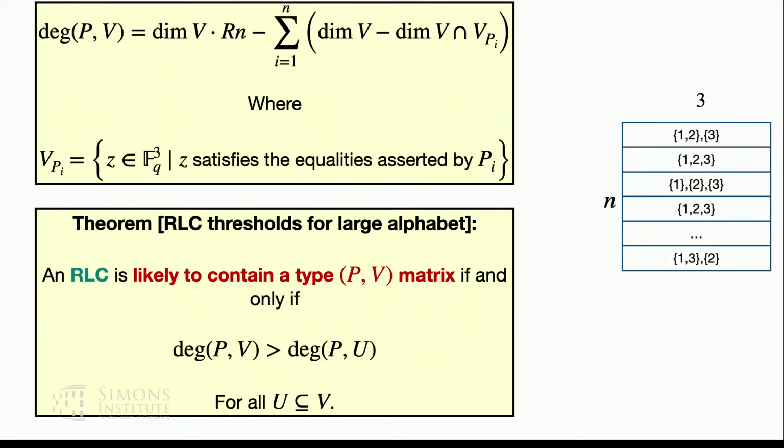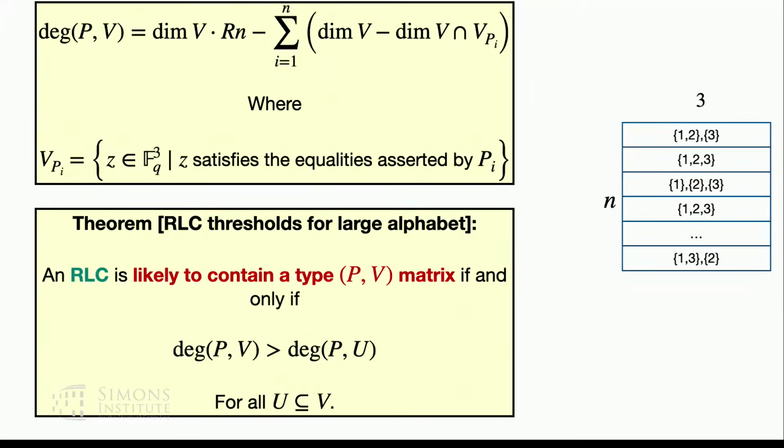Throughout this entire talk, I use inequality constraints, and there's always going to be some plus epsilon n here everywhere, in order for the probabilities to actually make sense. But imagine that the degree of P with the constraint V is larger than the degree of P with any sub-constraint.